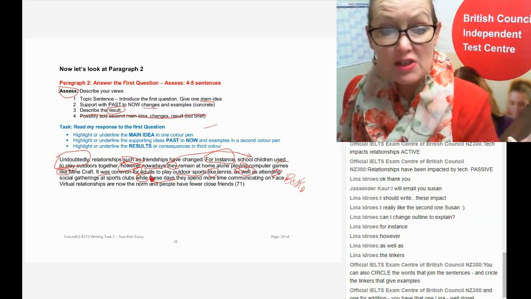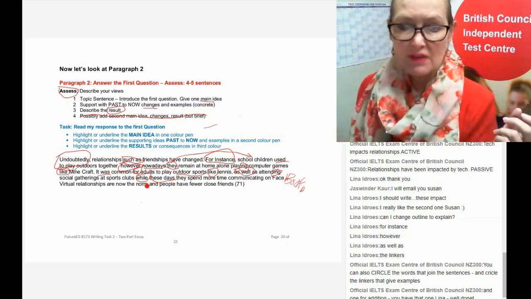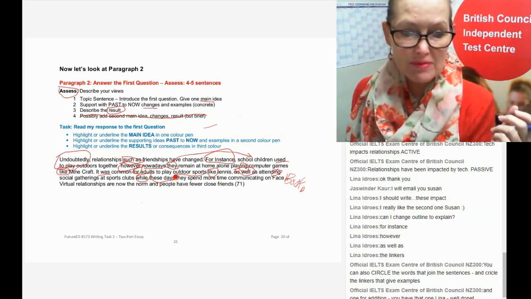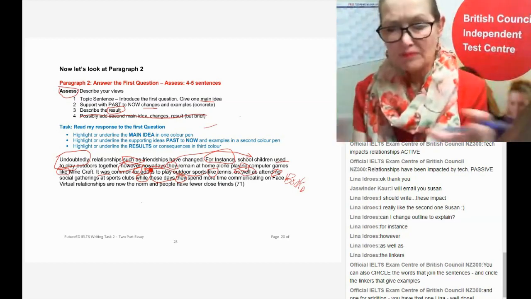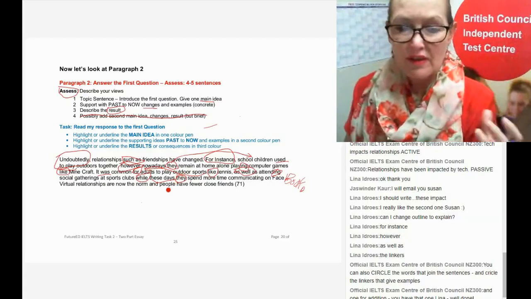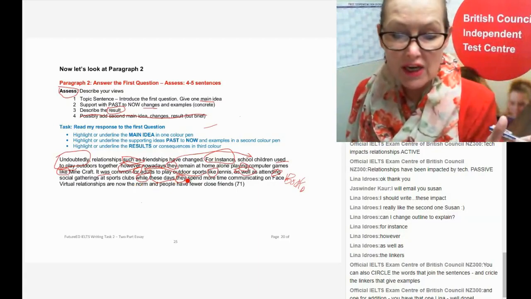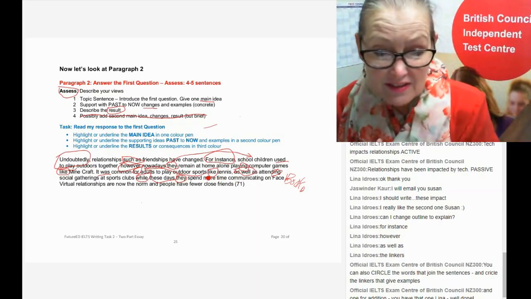It means it happens a lot. It was common for adults to play outdoor sports, and again, like tennis. So I'm talking in general about outdoor sports, my big collective word, and then I narrow it down, like tennis.